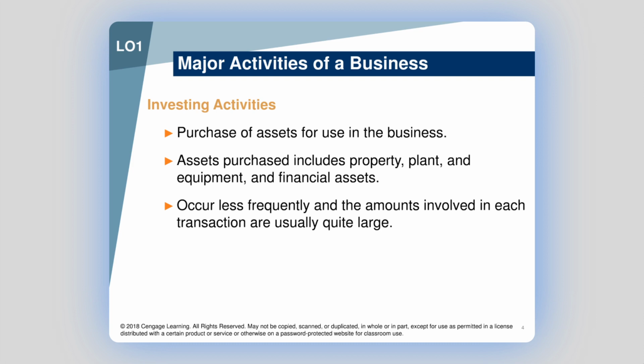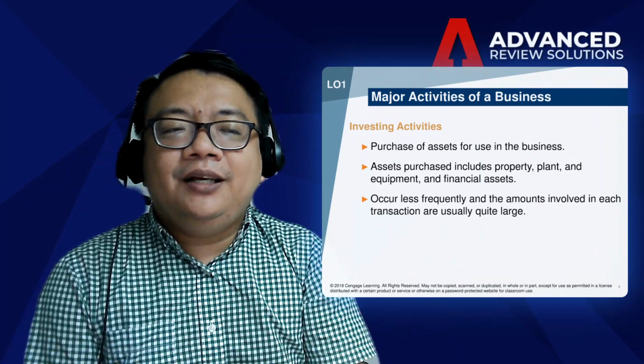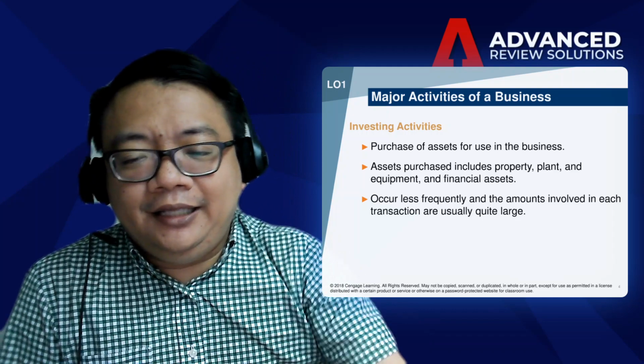So you purchase your PPE, your equipment, your financial assets. These occur less frequently, and the amounts involved in each transaction are quite large because you will purchase your PPE, so it is more capital intensive.